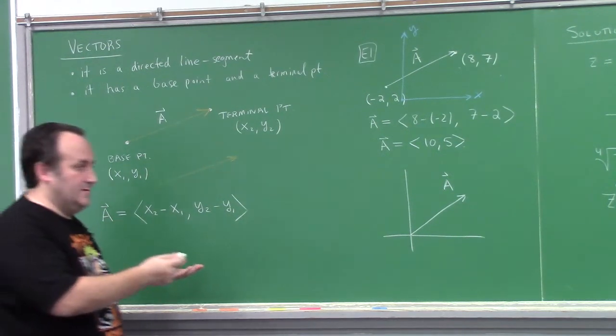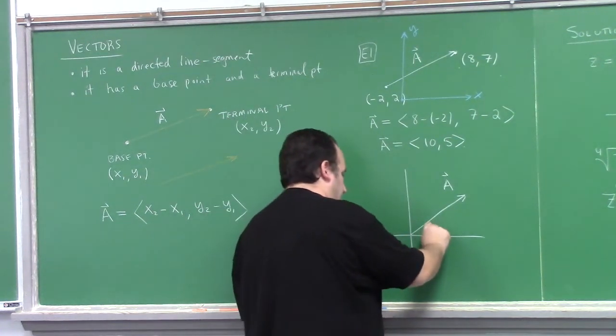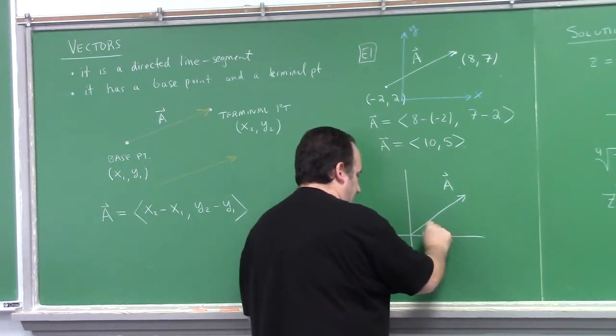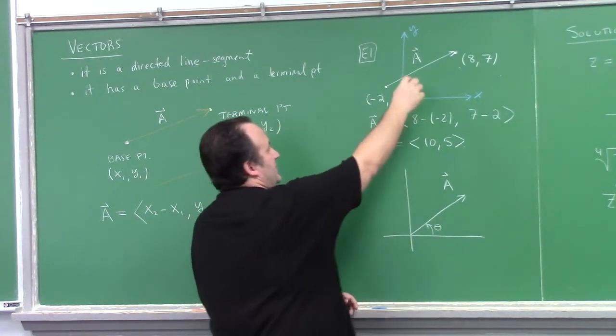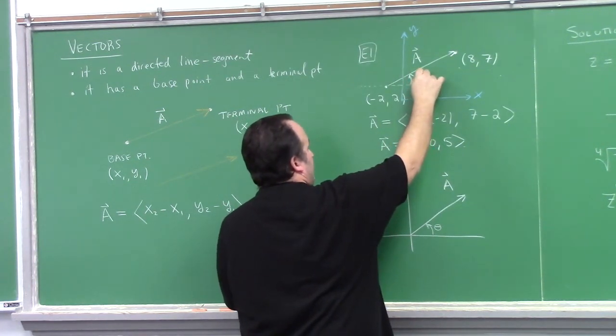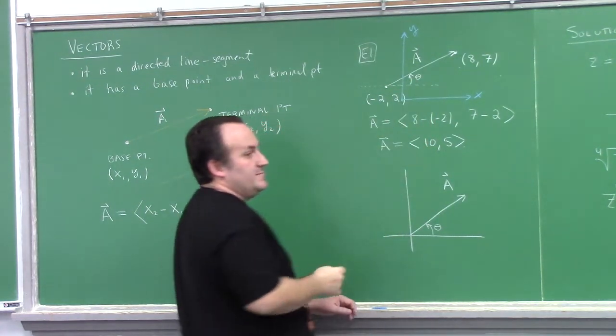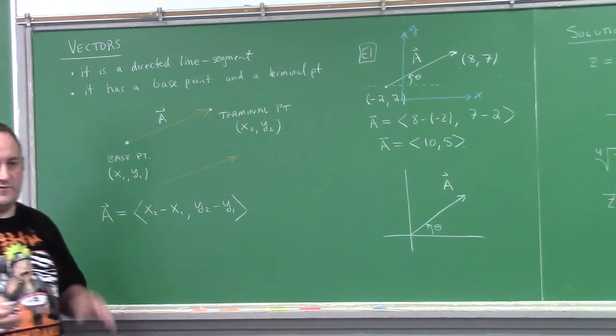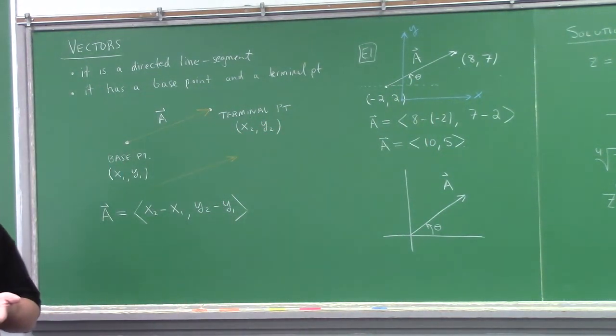Then we can find the standard angle for the vector. Another way to look at this is you can imagine drawing a parallel line up here, and you can calculate the standard angle off that horizontal parallel line. Whichever way you want to think about it, we can describe the direction of the vector by figuring out that angle.